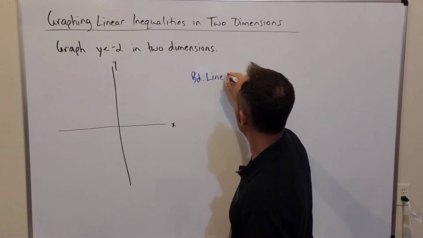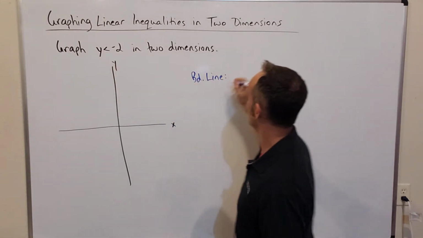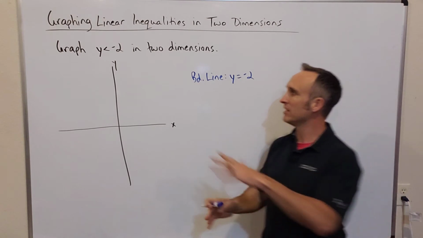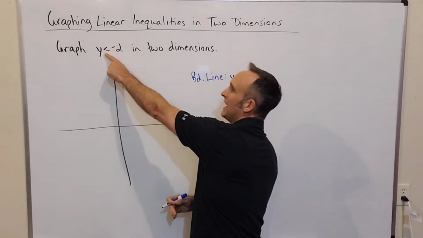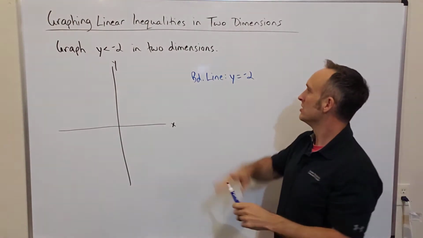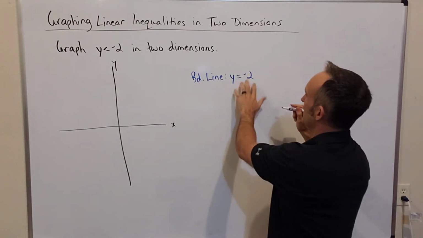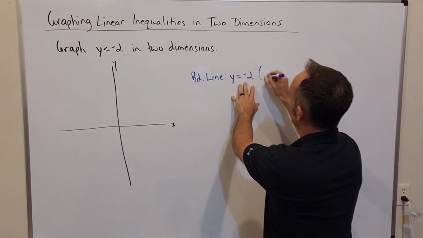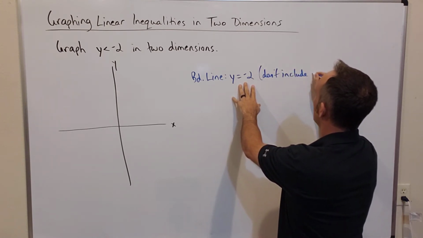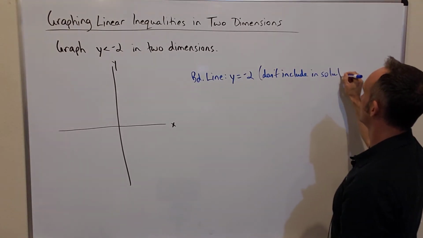The boundary line is y equals -2. Now we have to be careful here because in this case, y has to be less than -2. It can't actually equal -2. So I don't include my boundary line as part of my solution.